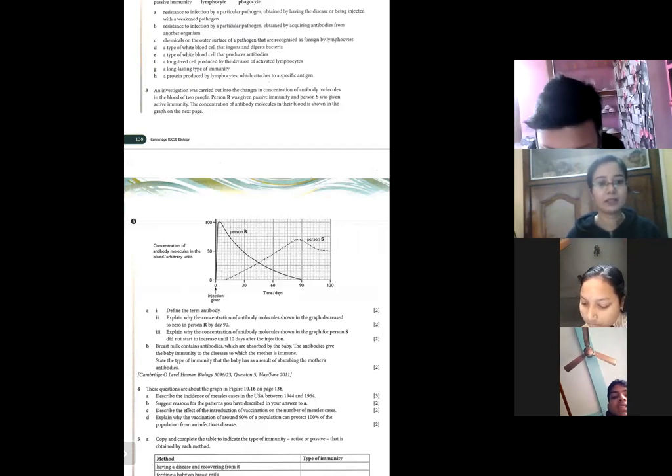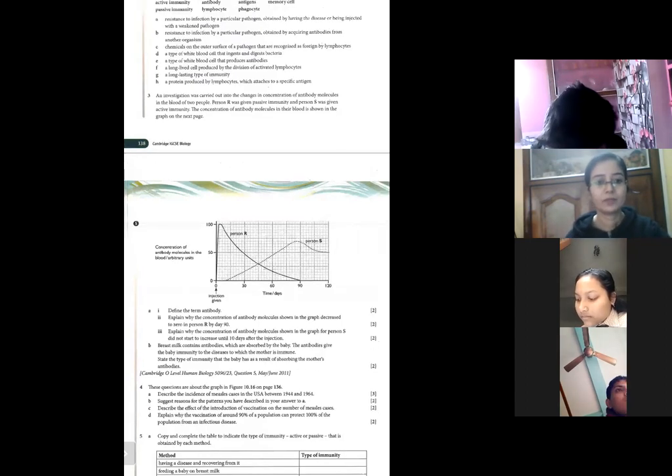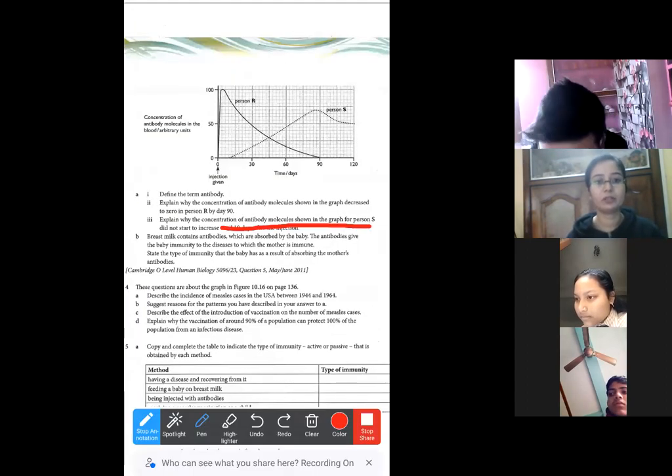I'm marking it exactly as it is written in the question, the same line. Did not start to increase until 10 days after injection.